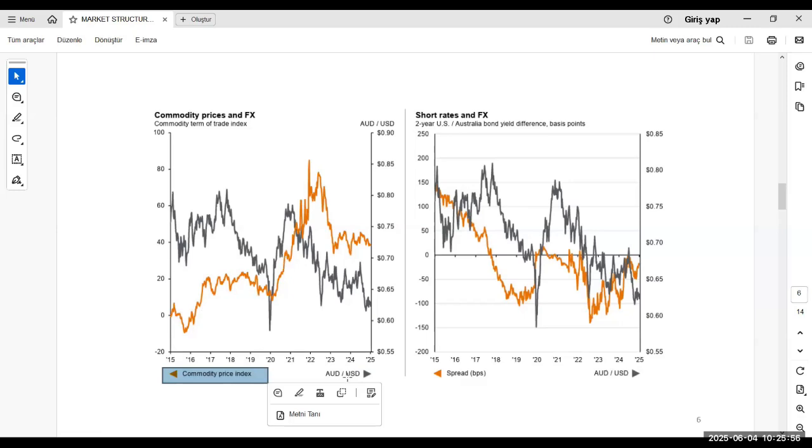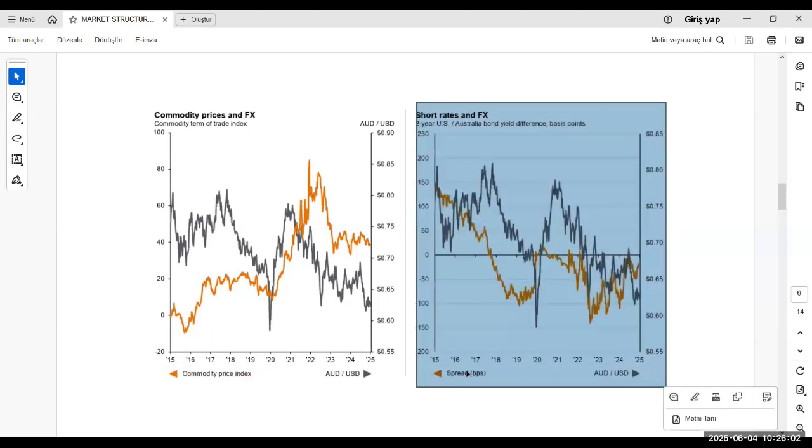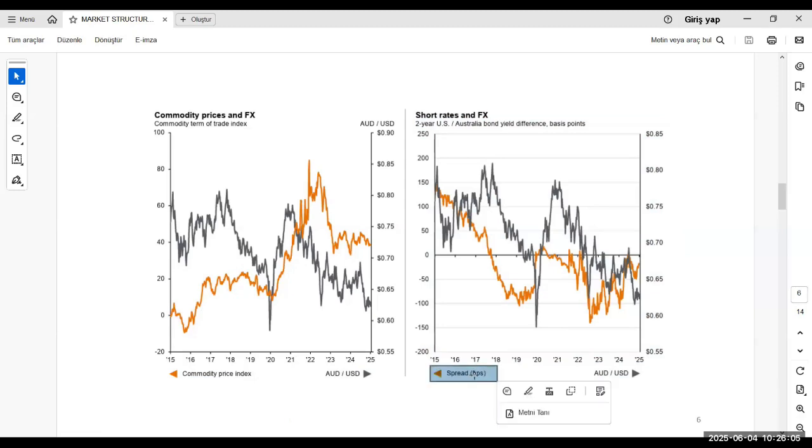For that reason, their currency is appreciating. And for the short-term rate and FX rate, please look at this spread. This is basis points. Basis point means 1 point in 10,000. This is called in the international financial market a basis point. For instance, if you divide 200 by 10,000, you will get that basis point.